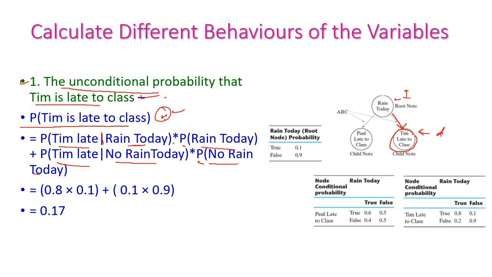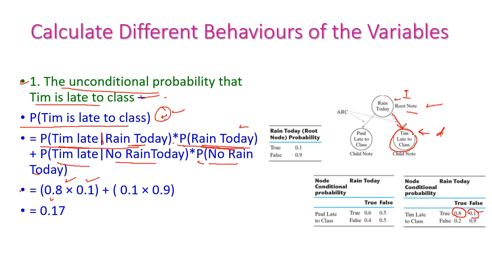So we need to compute both the positive side and the negative side of a root node. Now we substitute the values from the conditional probability table. Tim late to class and rain today, both true, the value is 0.8. And the probability of rain today is 0.1, isn't it?